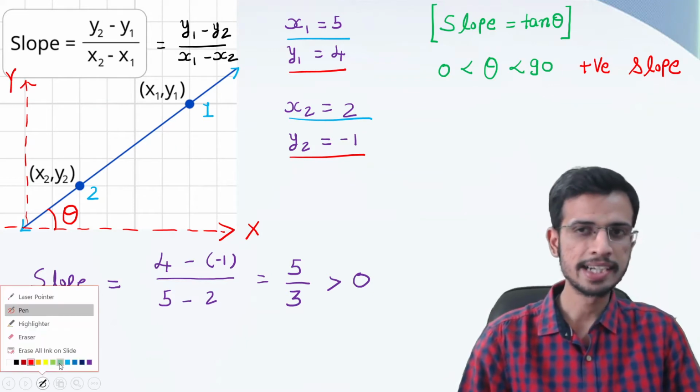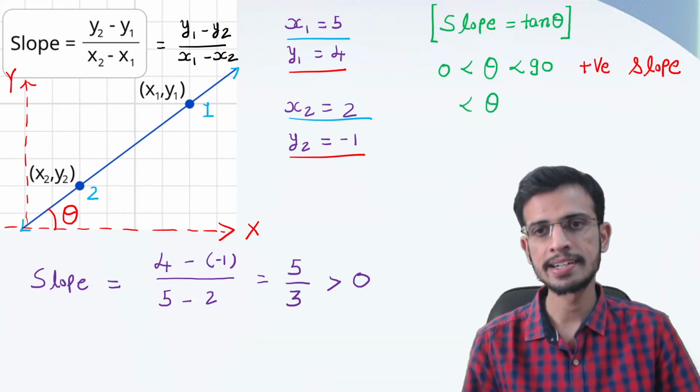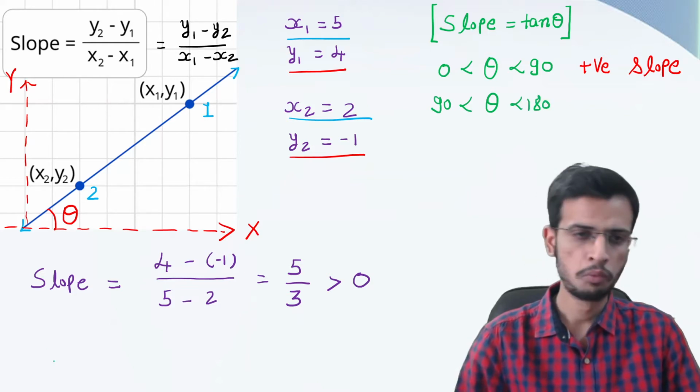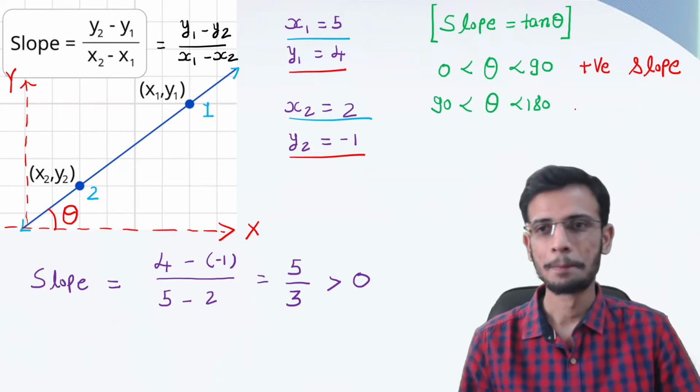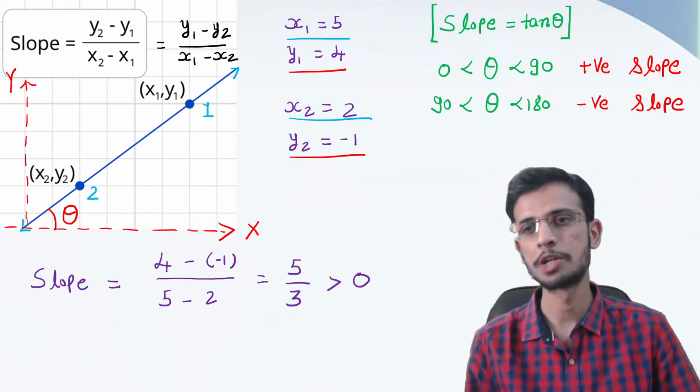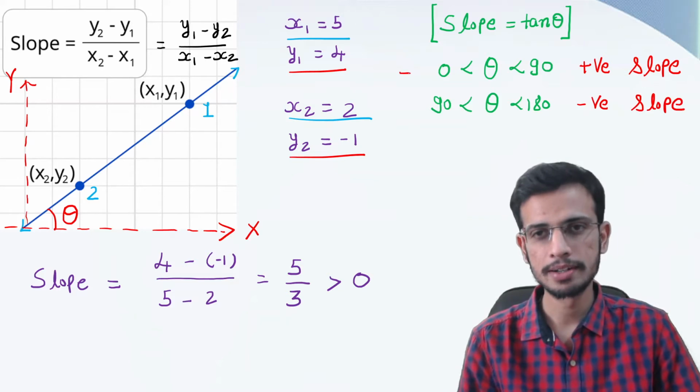And if this theta is greater than 90 and less than 180, what does it mean by positive and negative slope? I will explain, don't worry. It's important.